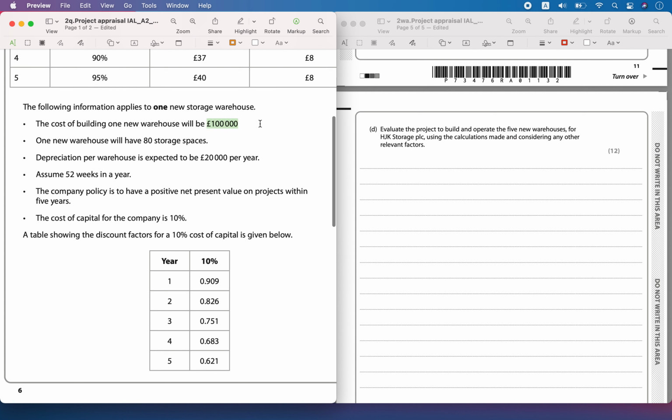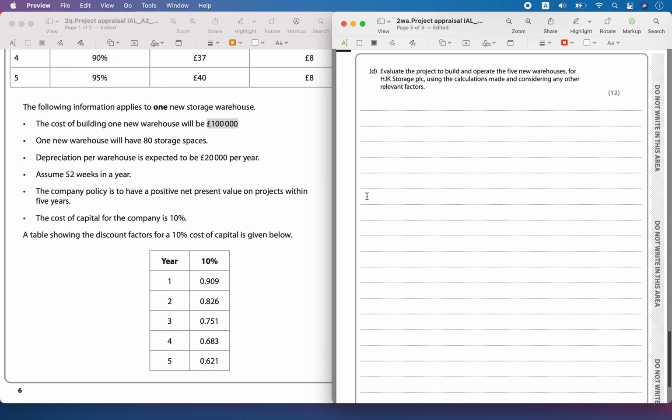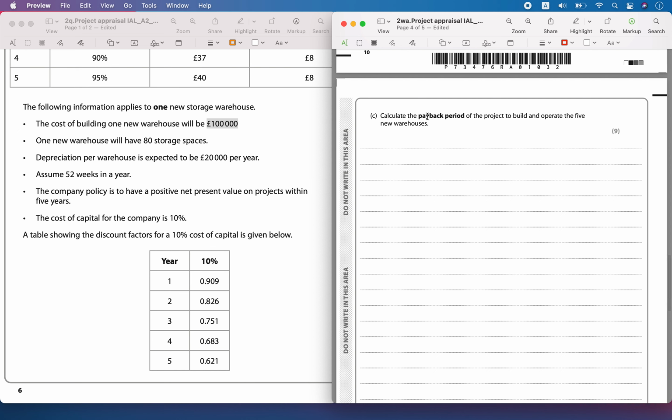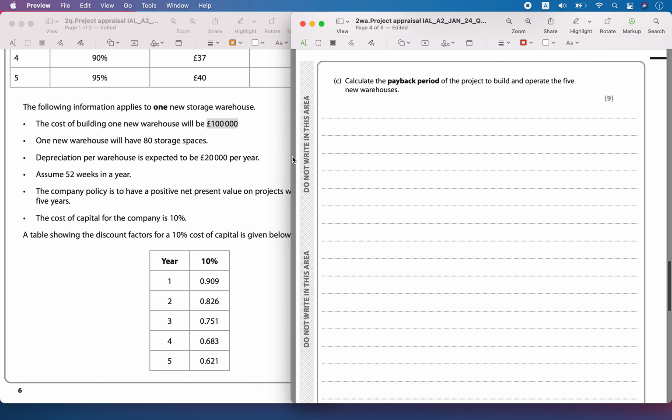For one warehouse they had invested 100,000 pounds, for 5 it will be 500,000 pounds. So within how many years will I be able to recover this initial investment?